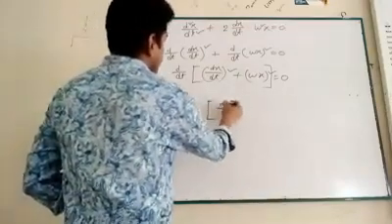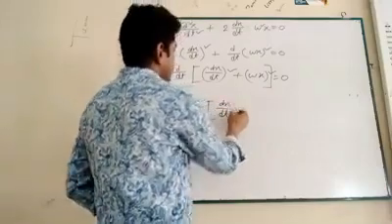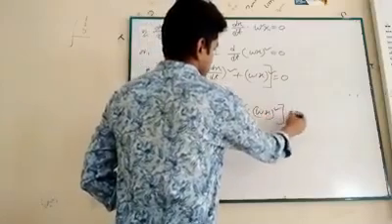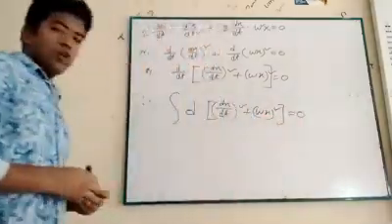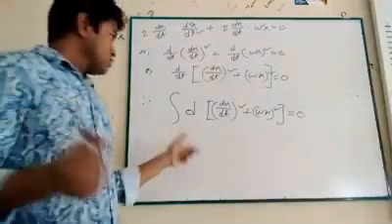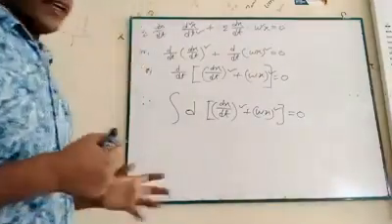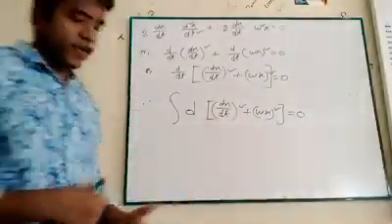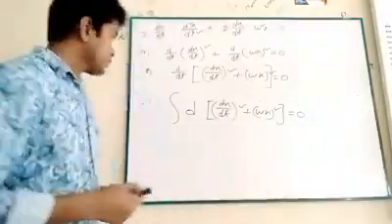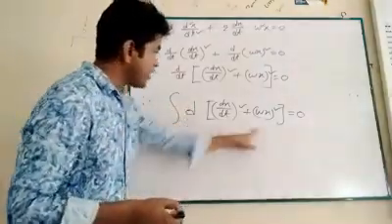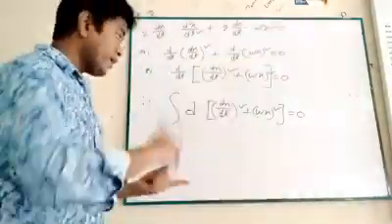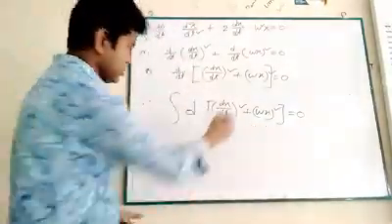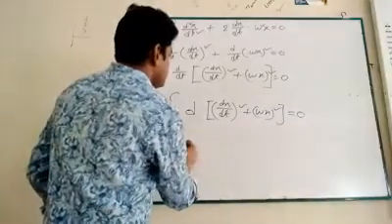Integrate d/dt of (dx/dt)² plus ω²x² equal to 0. What are the rules? If we integrate dx, we will get x plus c. So integration of dx will get x plus c. That means c is a constant.